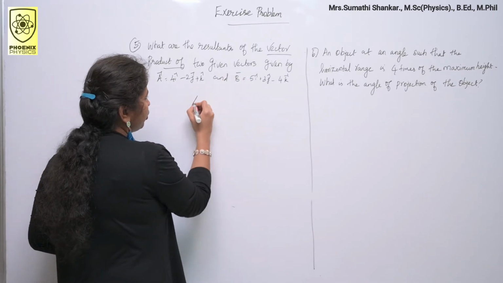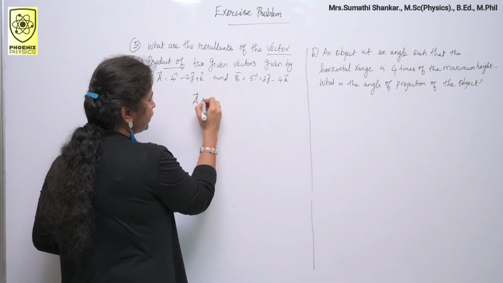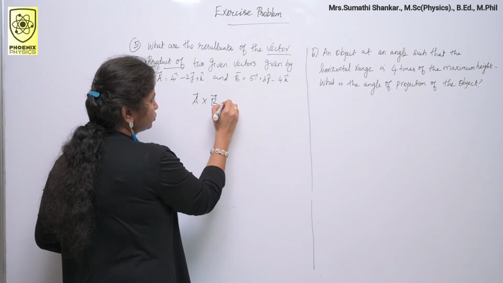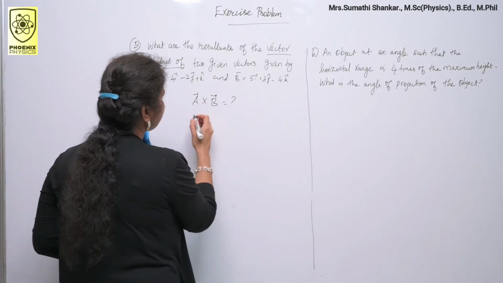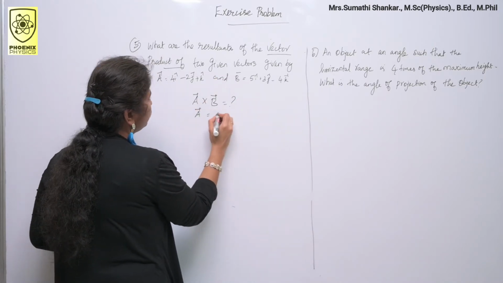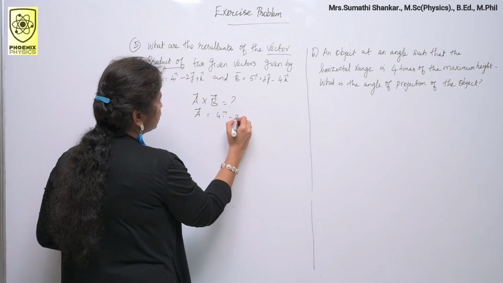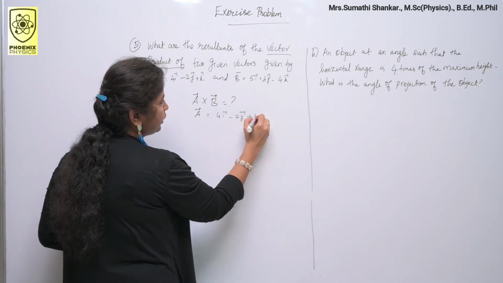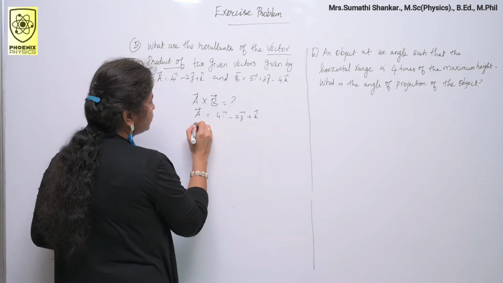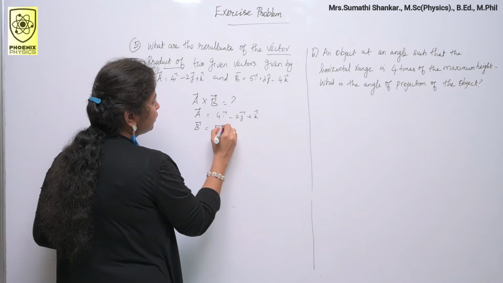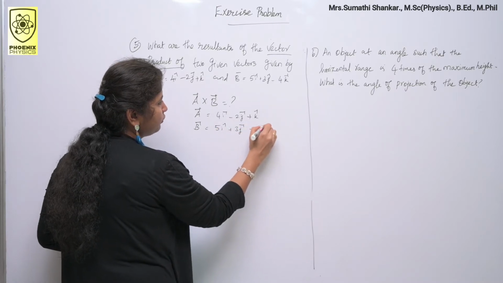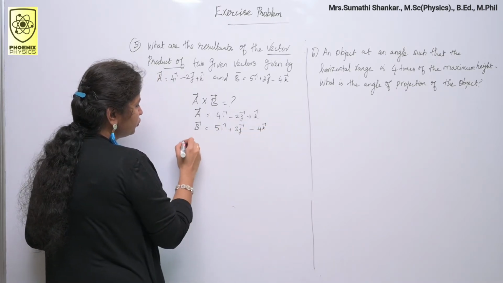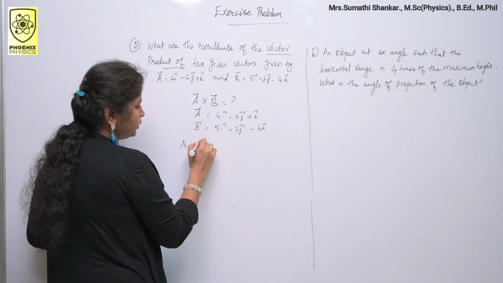Here vector product means A cross B, so you have to find out A cross B. What is given? A vector is equal to 4i vector minus 2j vector plus k vector. B vector is equal to 5i vector plus 3j vector minus 4k vector. Now we are going to find out A cross B.